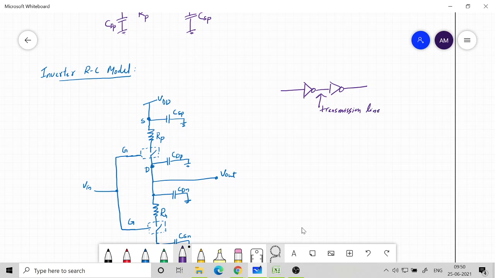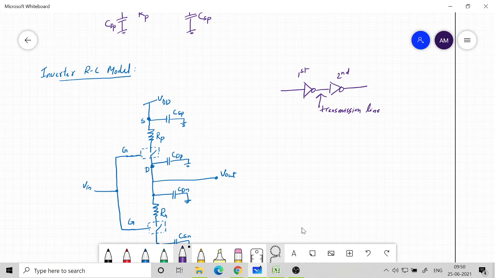So the capacitance of the transmission line can be neglected if these two inverters are close by, but we cannot neglect the gate capacitance at the input of the second inverter. So this is the first stage and this is the second stage. So first stage output is driving the second stage. Okay, so there is a gate capacitance which we derived earlier for PMOS and NMOS. So that is going to be the load.